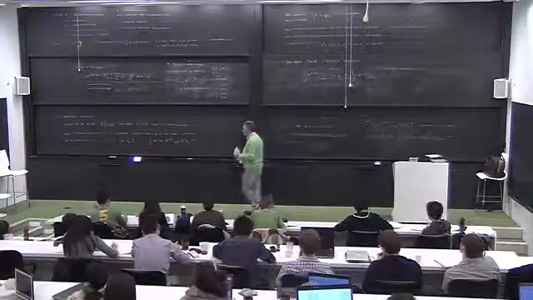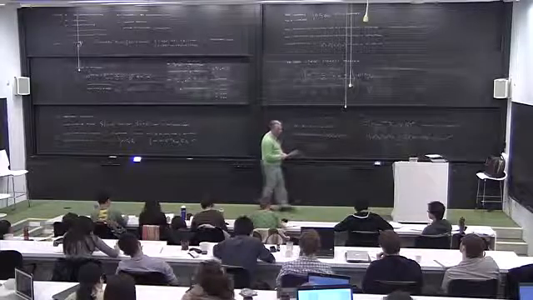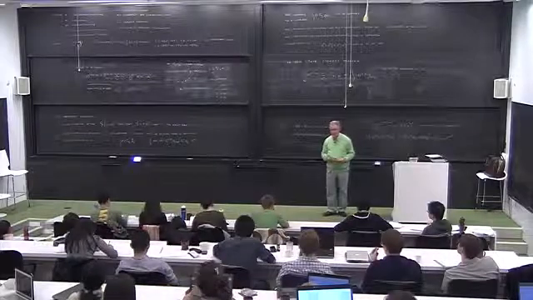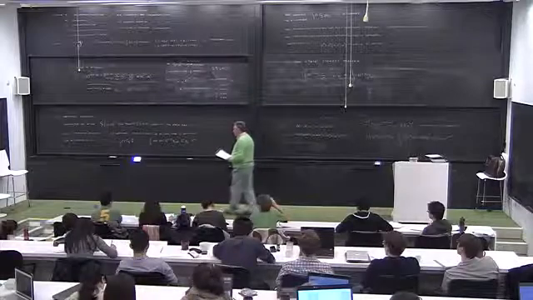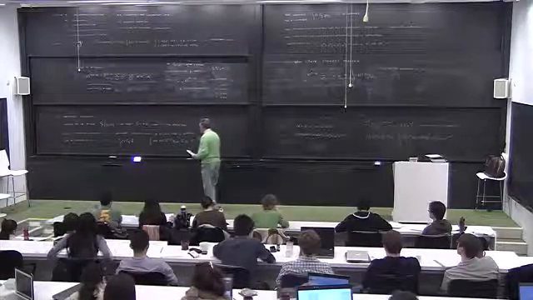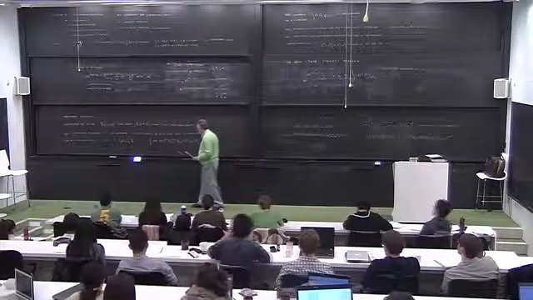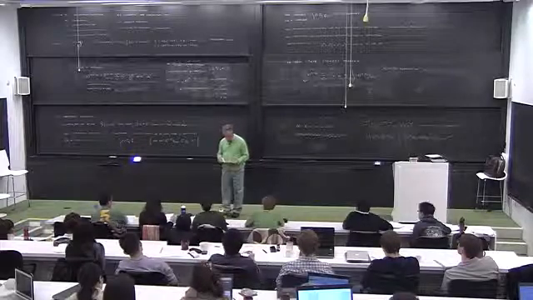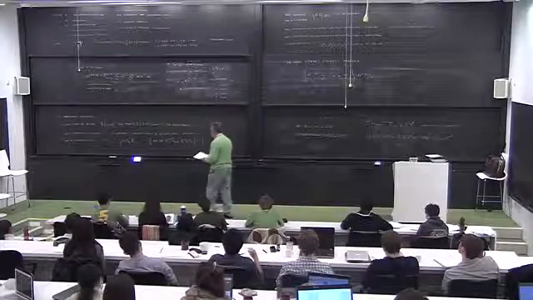So we don't want to have third derivatives, and we don't want to have first derivatives more than squared. There is another term I could add with the cosmological constant. I'll come to that in a moment. But let's forget the cosmological constant for a moment.